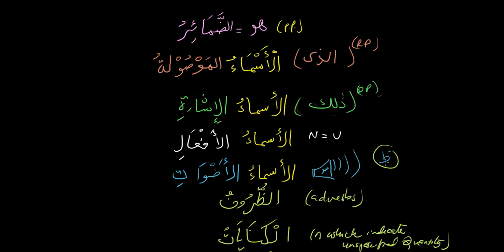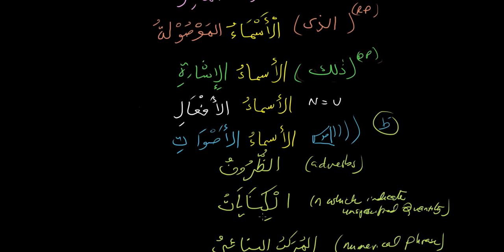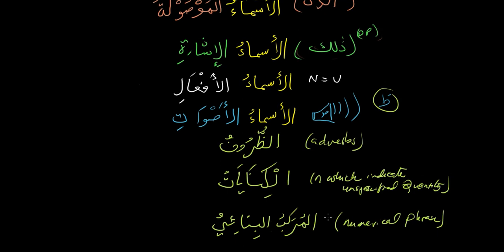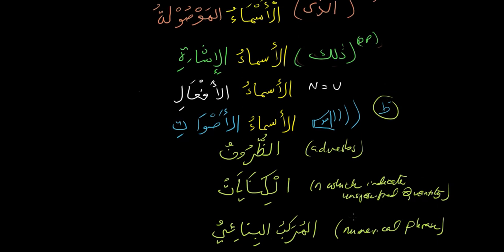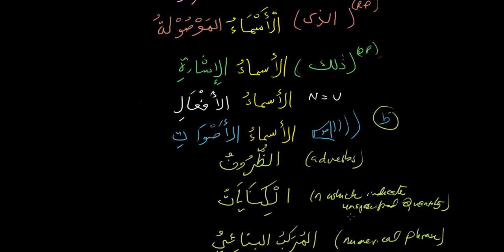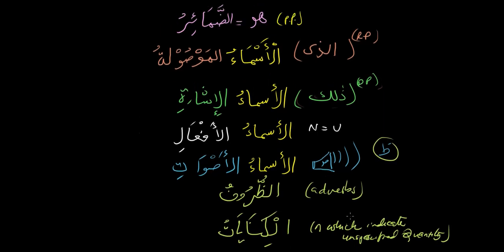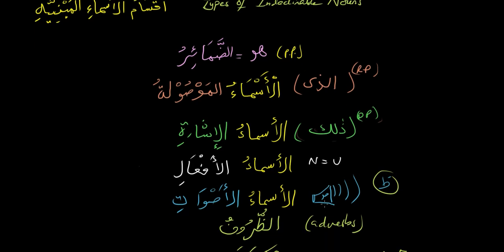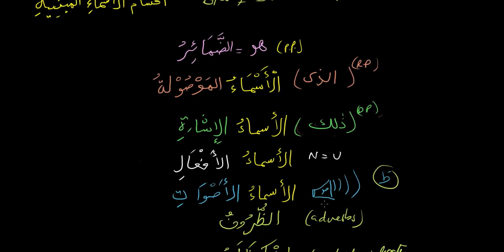There's a zat here to remind you of the zuruf, all the adverbs. And then the last two are al-kinayat, nouns which indicate an unspecified quantity, and finally murakkab al-binai, the numerical phrases, like hada ashar, isna ashar, salasa ashar. These are the 8 categories of nouns. So you have to memorize this.